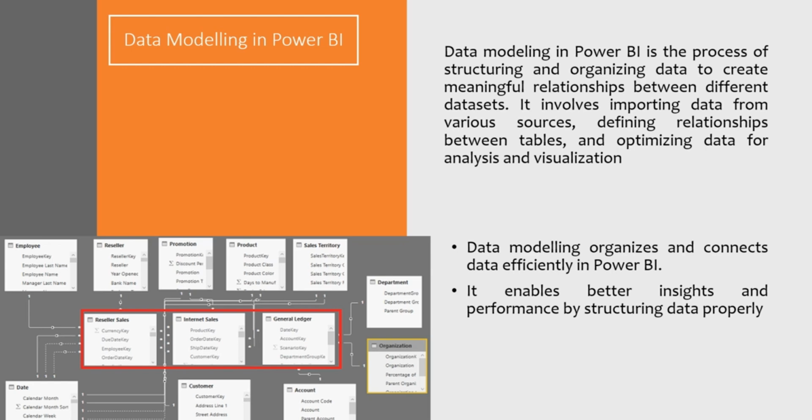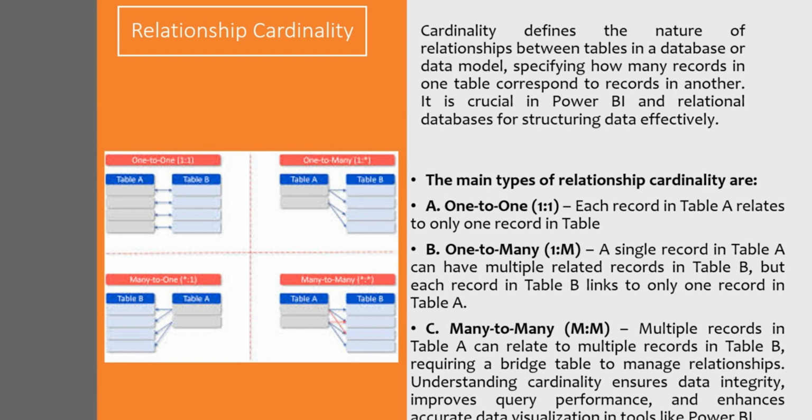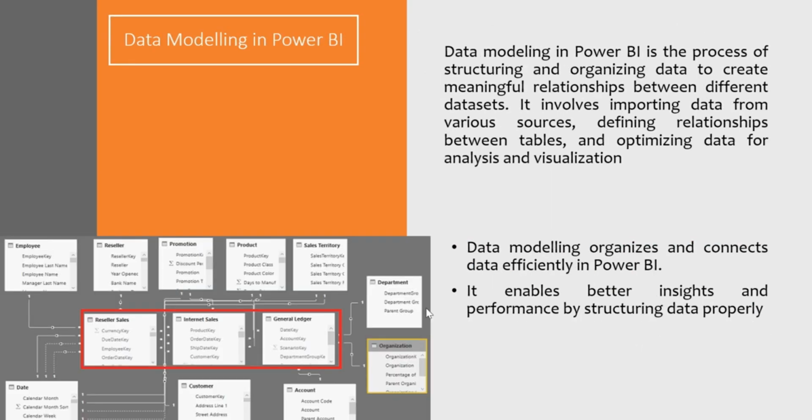Where we have a one to one, one to many, many to one, and so on. So one to one, like I said, is when you have one record in a table and one record in another table. And I also mentioned that the most common type of relationship cardinality is the one to many relationship. And I'm going to show it to you in this particular image.